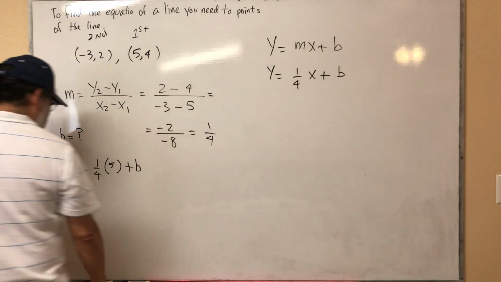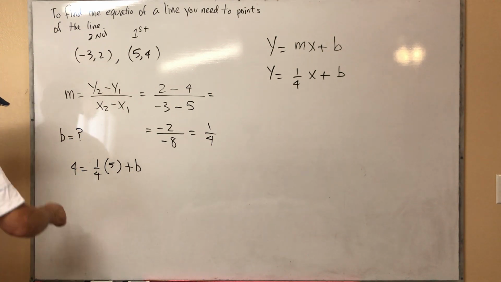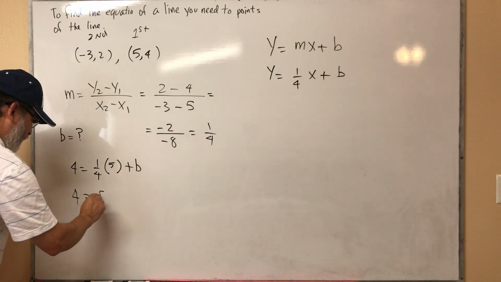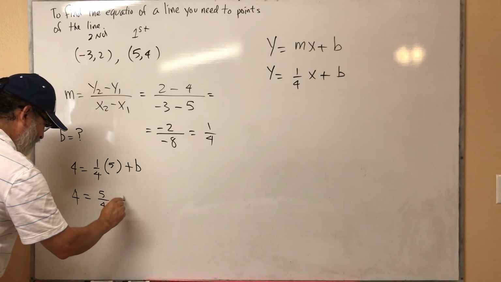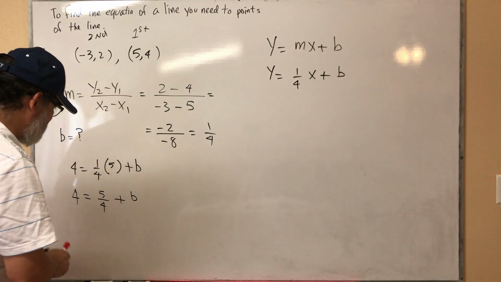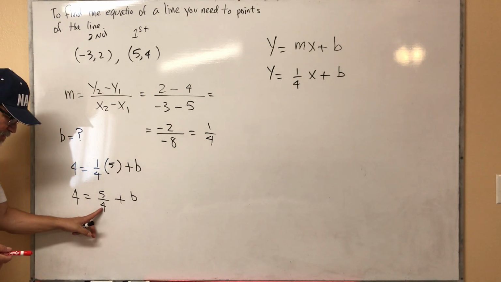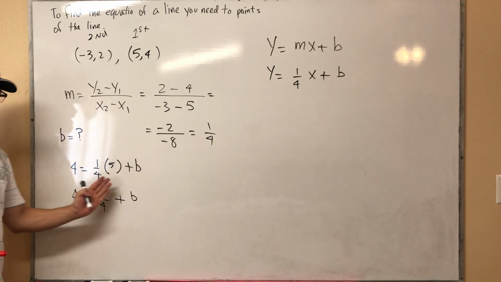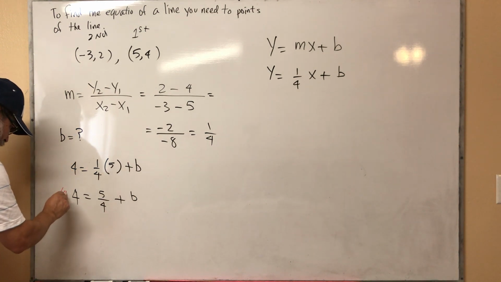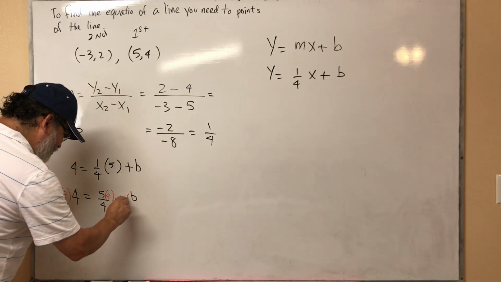So 4 equals 5 times 1/4, which is 5/4, plus b. To solve this, there's an easy way. Because the denominator is 4, multiply everything by 4. Multiply this by 4, this by 4, and this by 4.